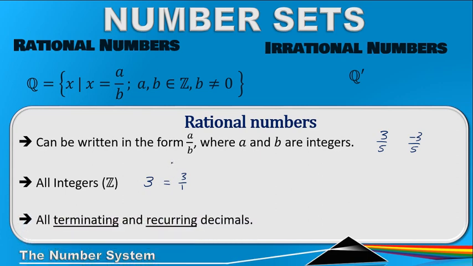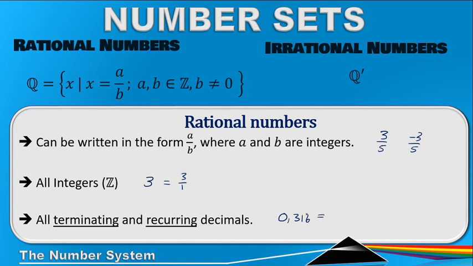And then finally, if you have a number in its decimal form, then you can identify a rational number by determining whether it is either terminating or recurring. An example of terminating is 0,316.